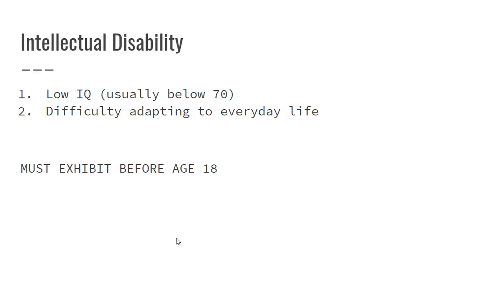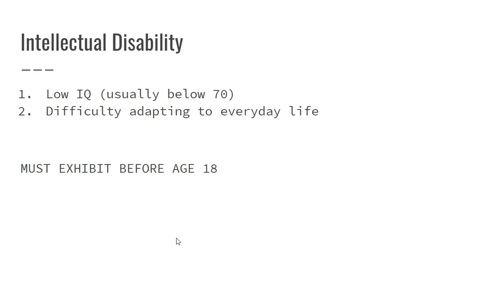In order to be diagnosed with intellectual disability, yes, you do have to have an IQ score of 70 or below, but you also have to have difficulty adapting to everyday life. And a test that tries to understand your ability to adapt to everyday life is something called ADL. ADL stands for your activities of daily living.